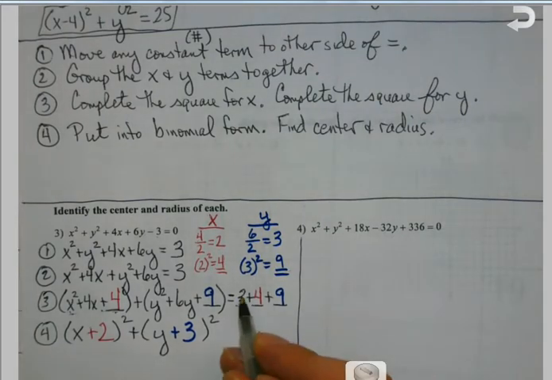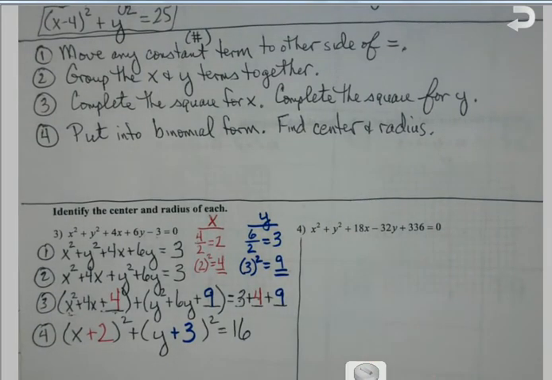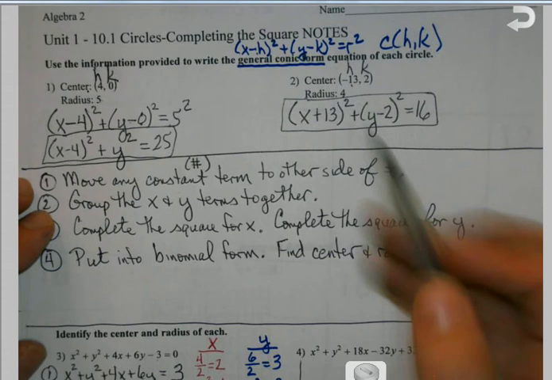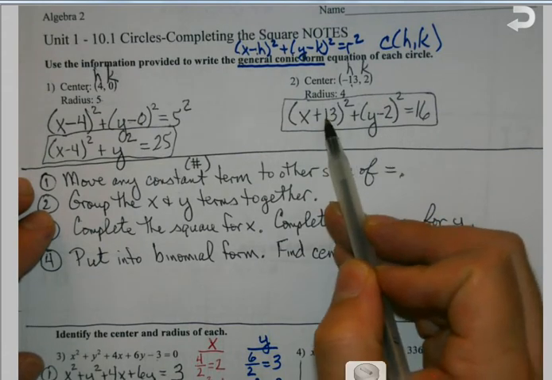And then I just simplify 3 plus 4 is 7, plus 9 is 16. And now it looks like the general conic form that we had up above. Do you square the 16? Nope. Just adding those up. But now I can find my center and my radius, because remember, from when we were up here, my center is just going to be my h, k.